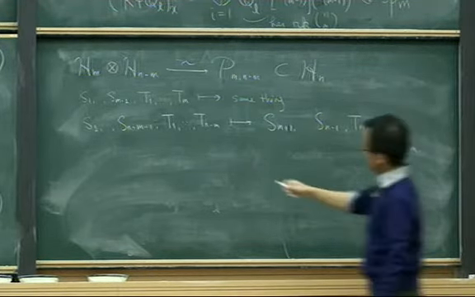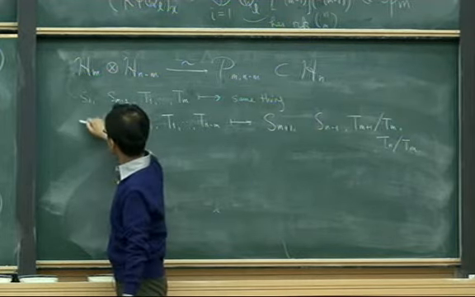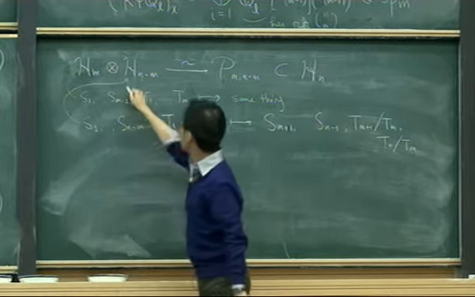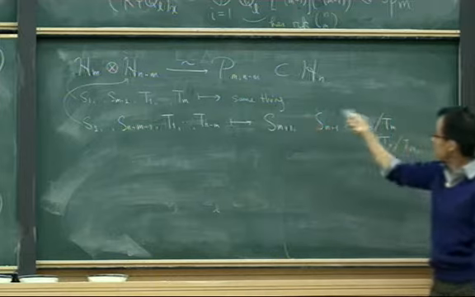Okay, so this generates these, and this generates this one, and I have an embedding like that.